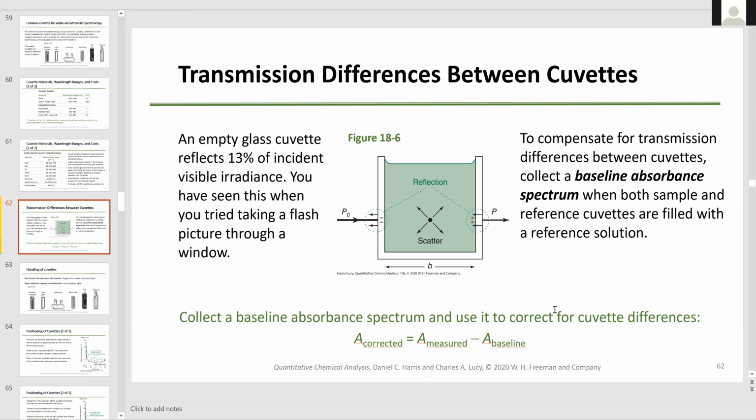and at any given interface, oh geez, my computer's thrashing. Anyway, it's the reflection.